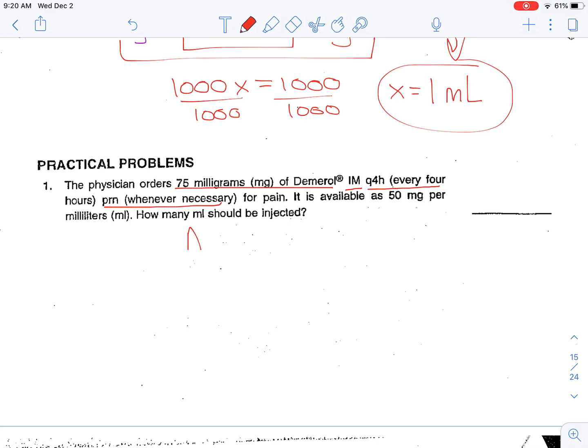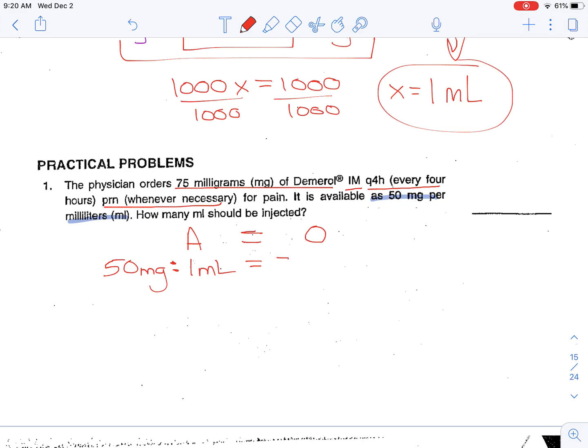So we go available to order. I'm going to abbreviate it a little bit. It is available as 50 milligrams per 1 milliliter. So you guys see where I'm getting that right here?